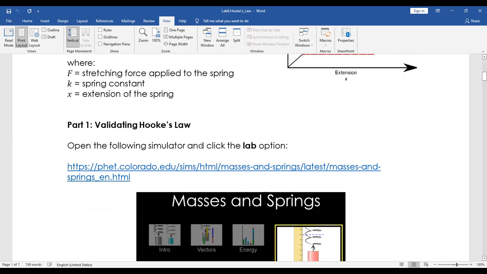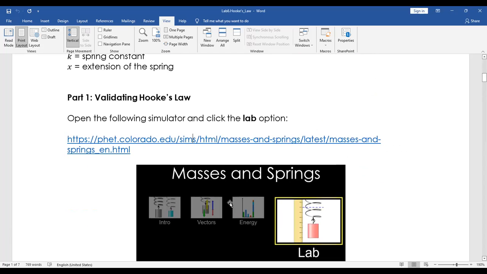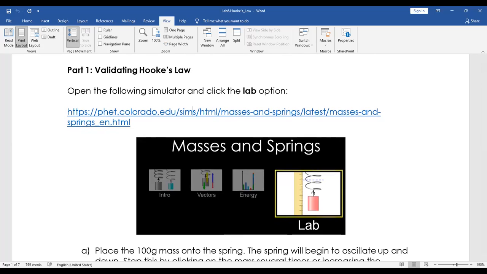You are going to click this simulator. Then we have to click the lab option. Then what else would we need?